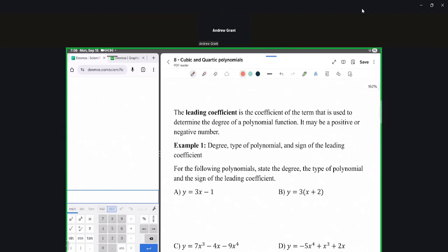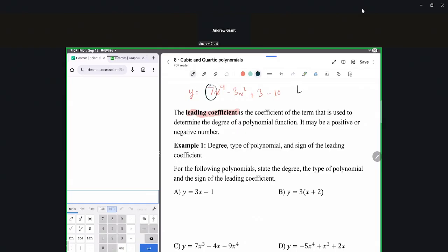So again, as a point of review, the leading coefficient is the coefficient of the term that is used to determine the degree of a polynomial function, and it could be positive or negative. When I talk about the leading coefficient, I have something like, say, y equals 7x to the power of 4 minus 3x squared plus 3 minus 10. The leading coefficient would be the 7.